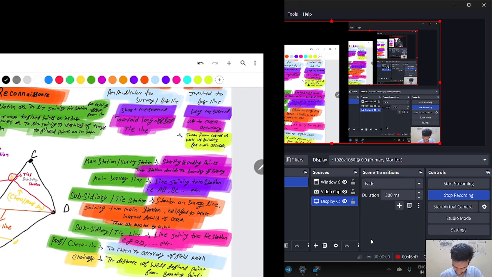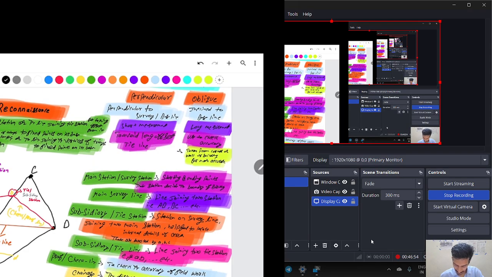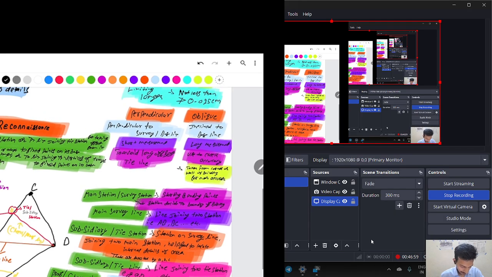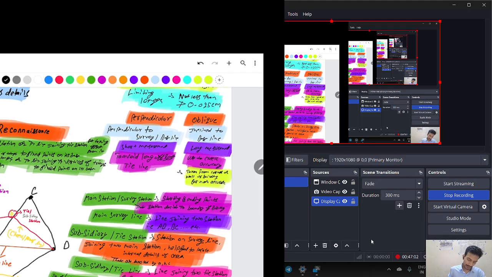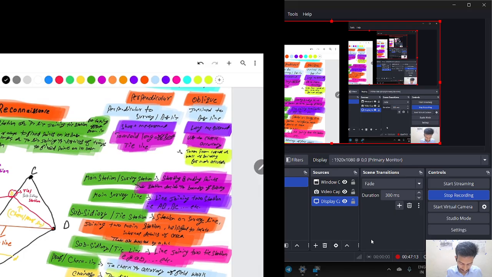Major survey line: line joining two stations. Main stations or survey stations are the starting and ending points decided upon in your survey. Always remember only the tie line and the check line. This is the most important. Tie line is the line joining tie stations. This is a tie station. This is the tie line.